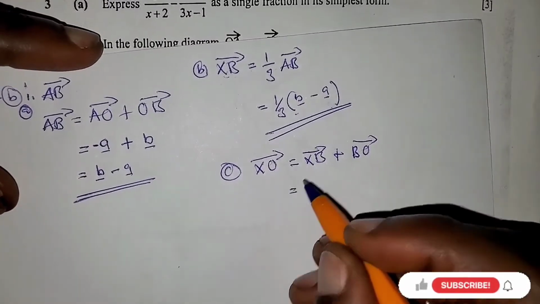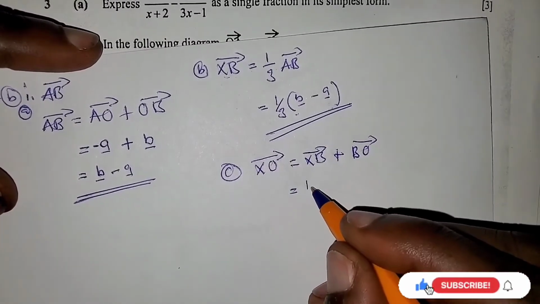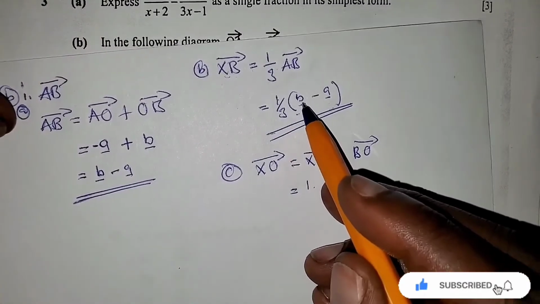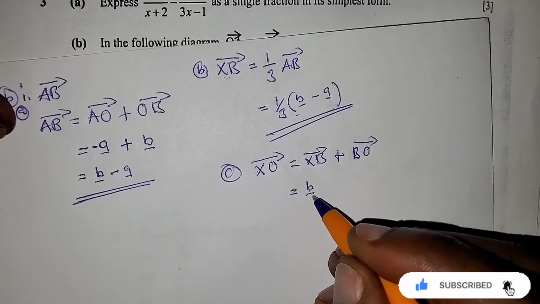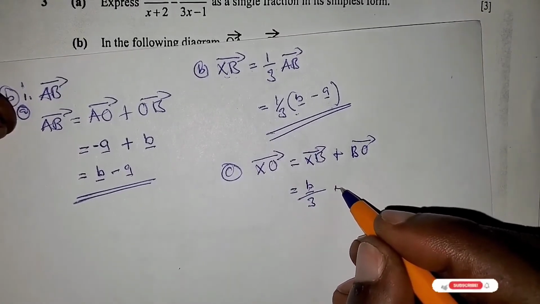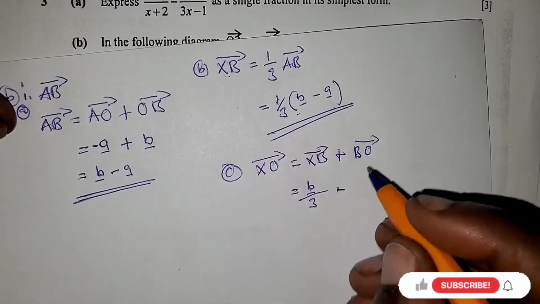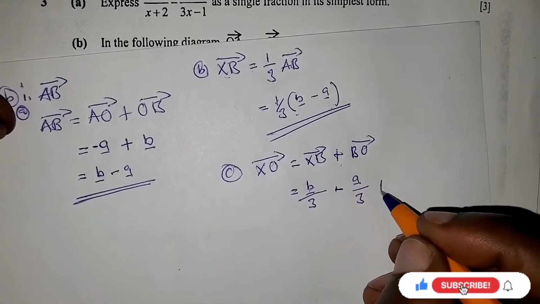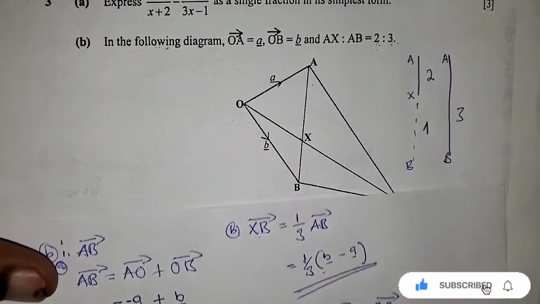So now, what is XB? This is the XB, 1 over 3, but let me just substitute the expanded one. 1 times B is going to be vector B over 3, minus 1 times A is going to be vector A over 3, plus what is BO?